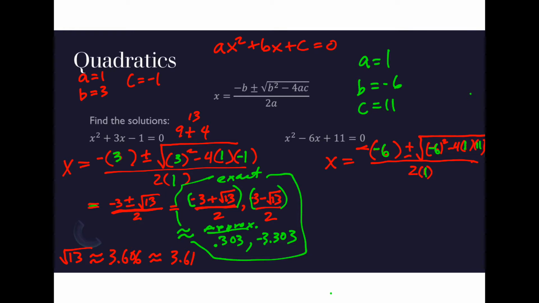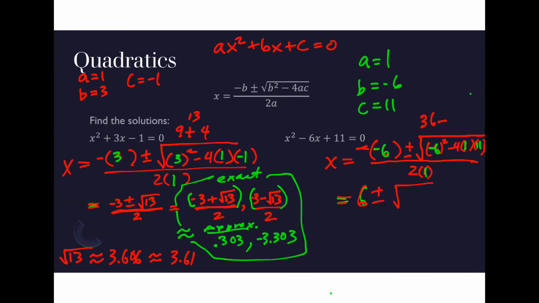So -6, we know that's 6. And I'm having trouble sticking with my colors here. So 6 plus and minus square root. Let's figure this out. -6 squared is 36. Now we're subtracting, and it's going to stay a subtraction because A and C are both the same sign.